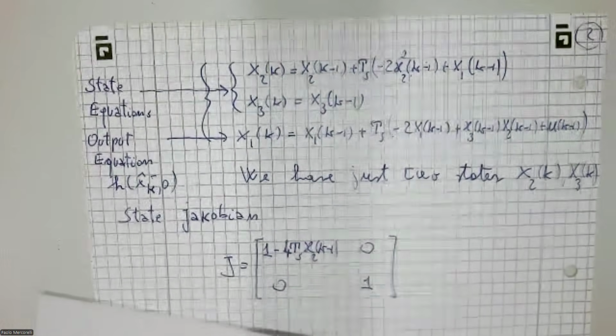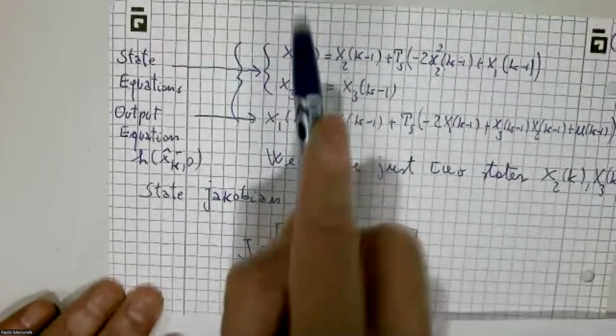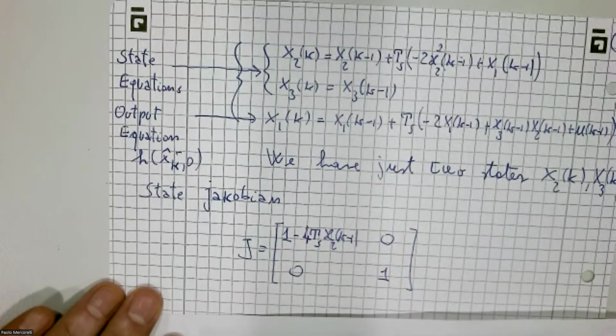We can see already from this Jacobian here, we reflected the derivative of these two equations. Do you remember the Taylor approximation?